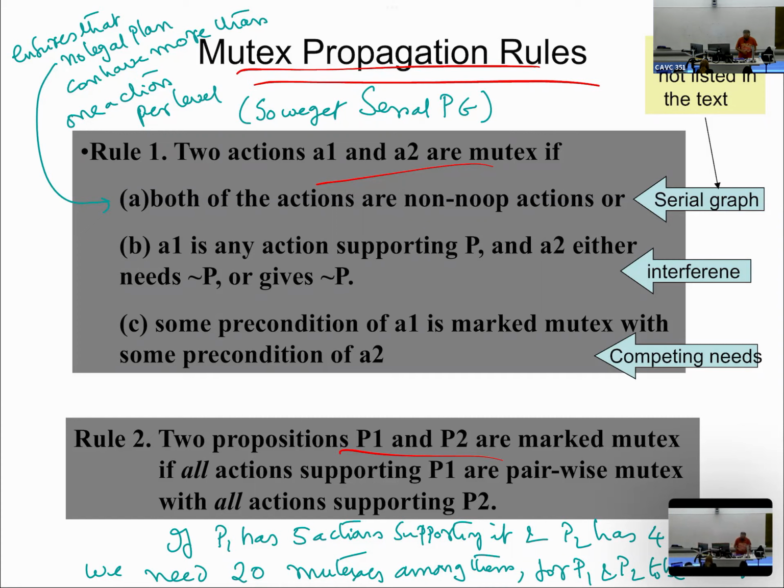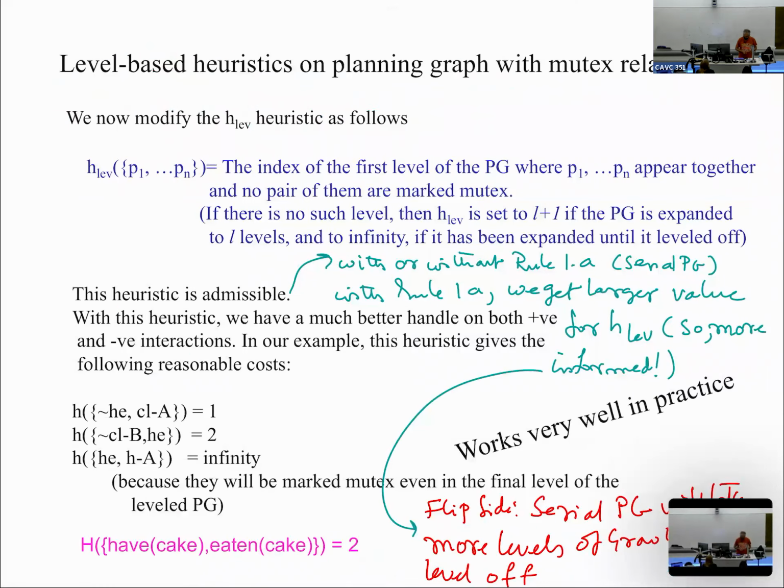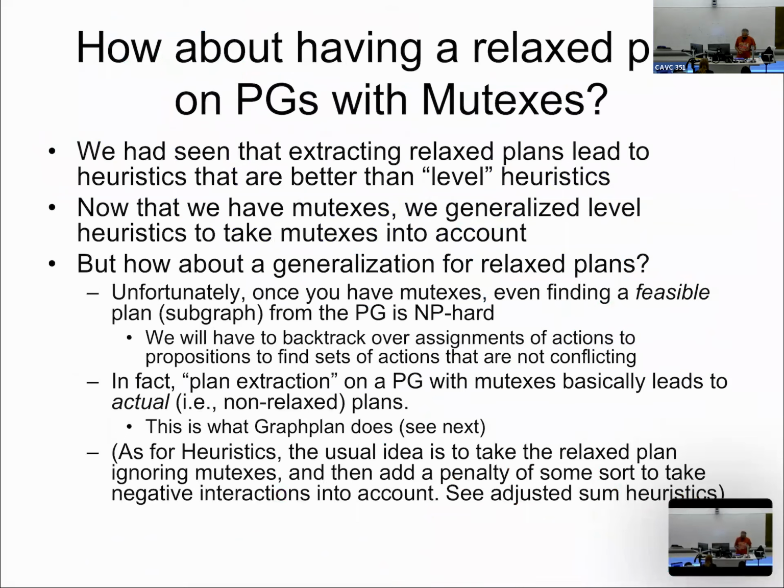Okay. This is a level-based planning graph with mutex relations. The final thing is, how about relaxed plan with mutexes? Remember, I only talked about the level heuristic. I didn't talk about a relaxed plan, like the way I did in the previous positive interactions case. You know why?